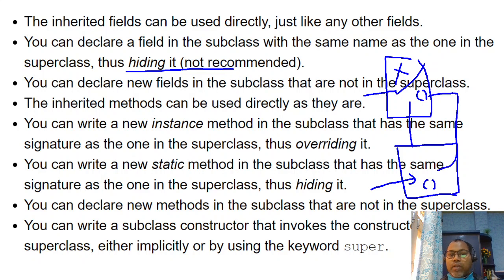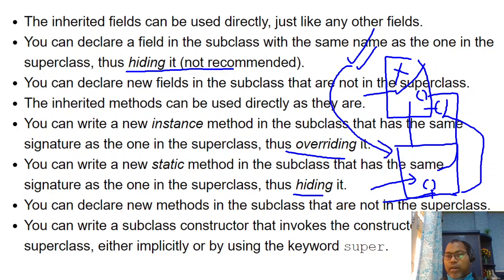This is known as method overriding. You can define the same static method inside your subclass similarly to your superclass. This is known as method hiding. And all the public and protected data members can be inherited.